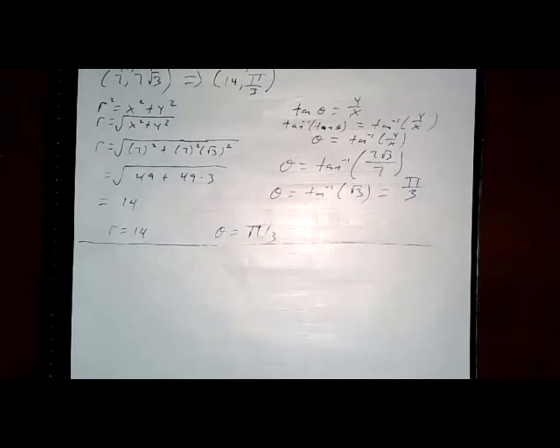So the first few questions will be going from polar to rectangular, and then rectangular to polar, and then eventually you get to equations. An x and y equation to an r theta equation.